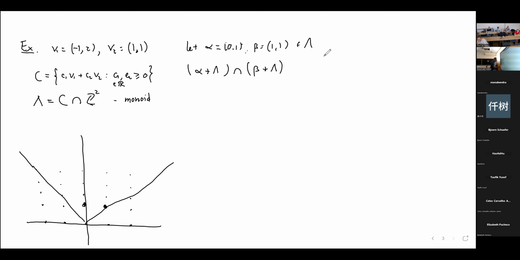Now I'm going to try to say alpha plus lambda, I have to go so 1 over up 2 and then 1 over up 1, 1 over up 1. Maybe we can do, say, red. I have to go over 1 up 2.